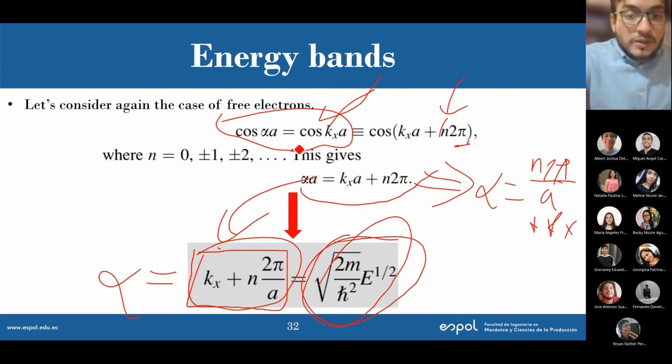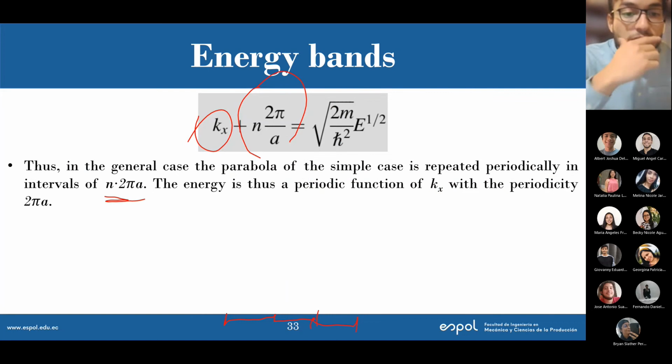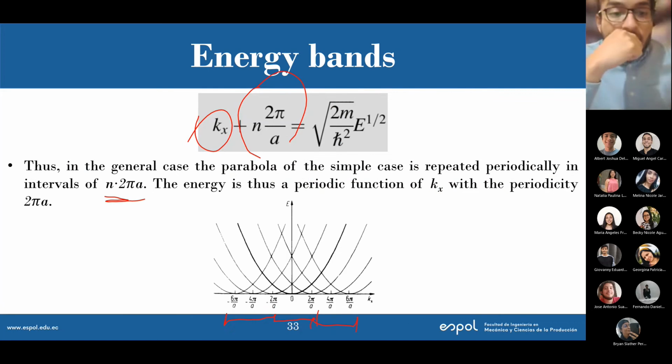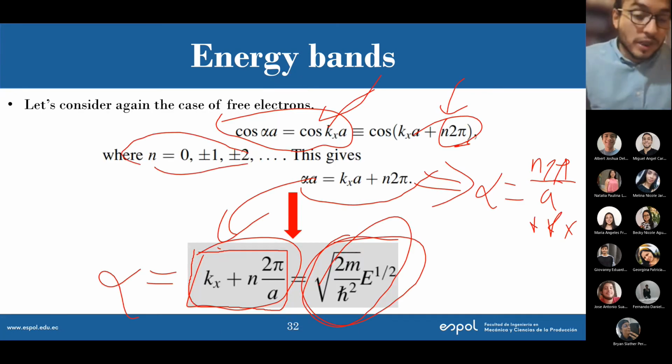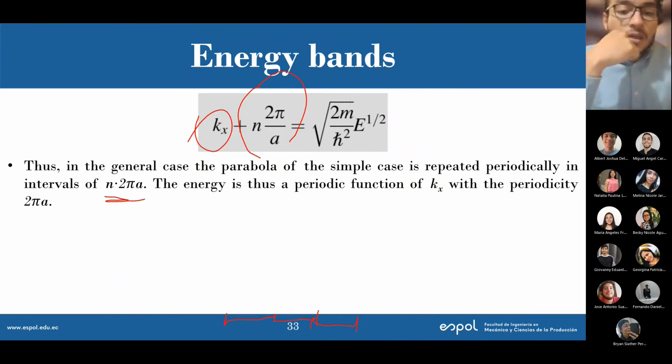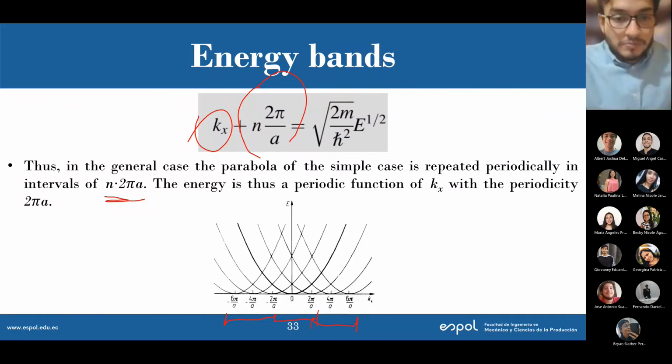Here we have the periodicity. And n can be an integer, either positive or negative, and can also be 0. So the energy is a periodic function of k with a periodicity of 2 pi over a. That's the plot of energy versus the wave vector.